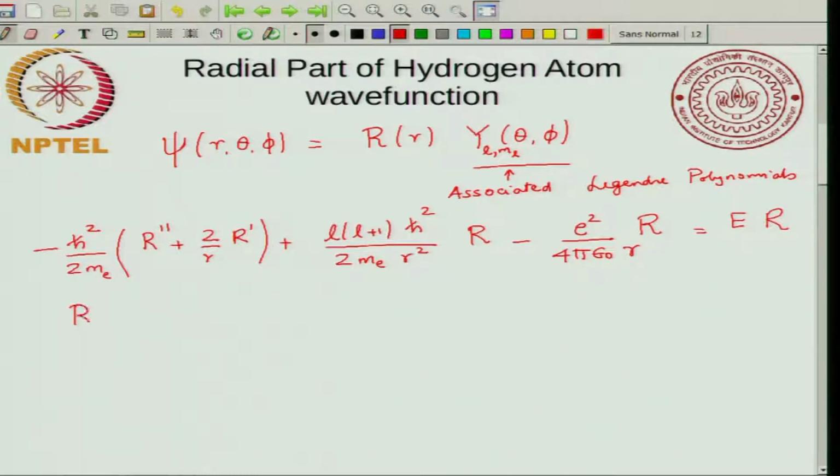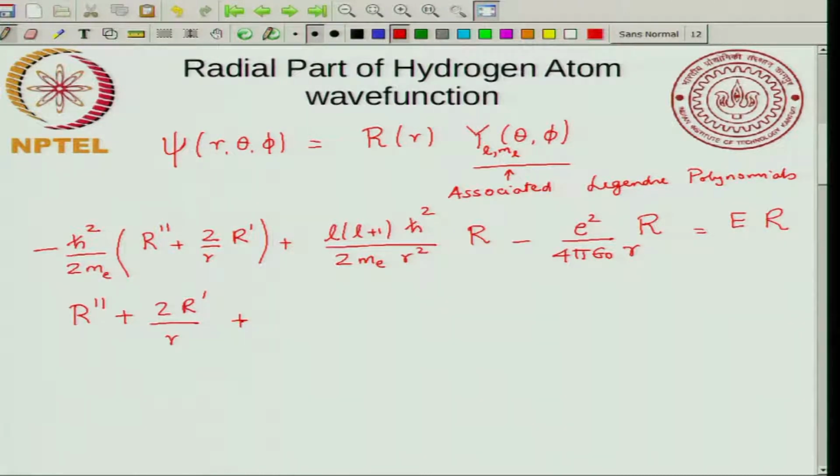So, I get the differential equation in the following form: R double prime plus 2 R prime by r. Since I took this over here, this is the only term that has R double prime and the only term that has R prime, plus. Now the h cross square by 2 m_e will cancel with this.